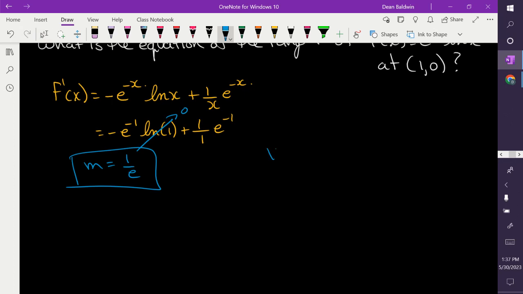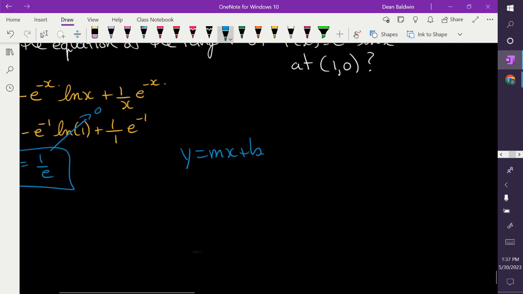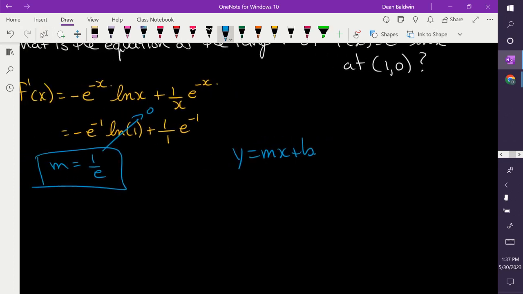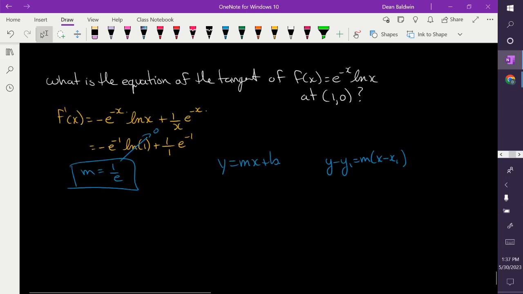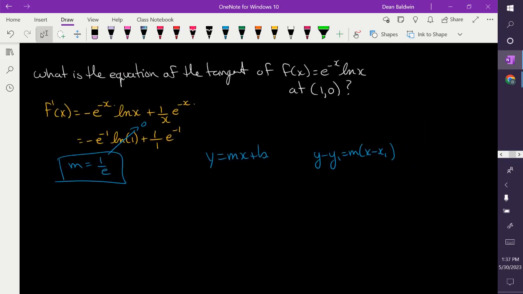All right, then we go mx plus b, or you can use the point slope equation. It doesn't matter which one you use. I'll do both. If I'm going to use mx plus b, I plug in my x, my y, and my slope.